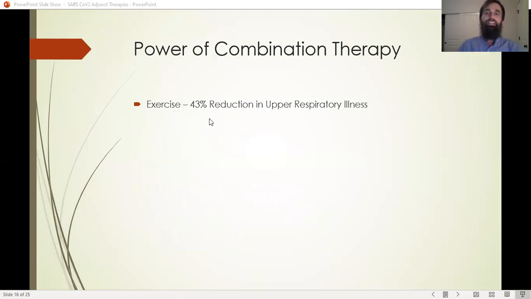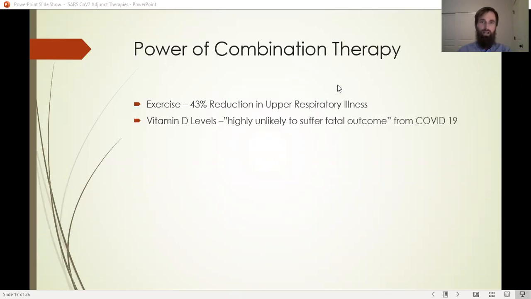So in conclusion, I'm going to just talk about the power of combination therapy. That's not really a specific term, but I'm just using that to describe combining all of these therapies together. We saw with the study about exercise, there was a 43% reduction in upper respiratory illness. We saw vitamin D levels, highly unlikely to suffer a fatal outcome from COVID-19.